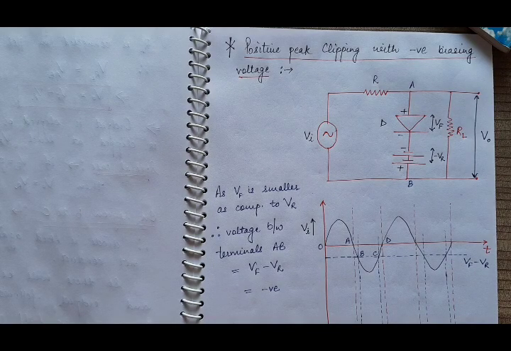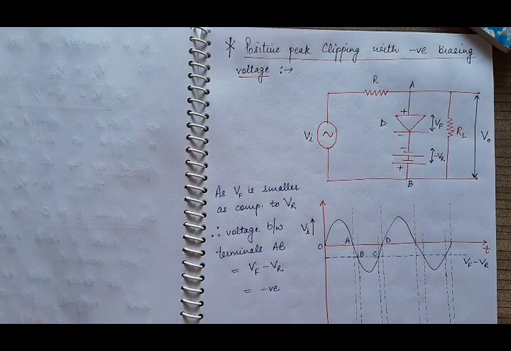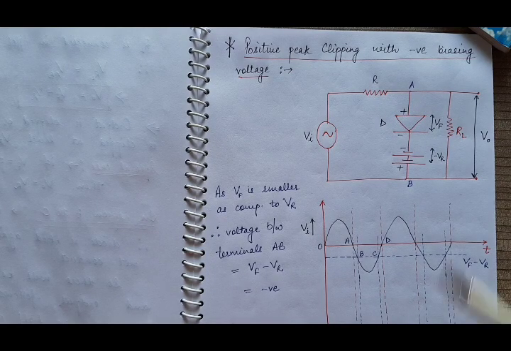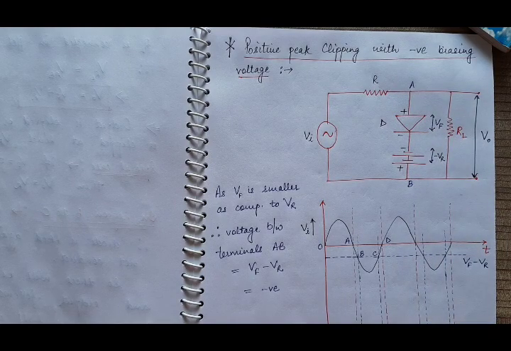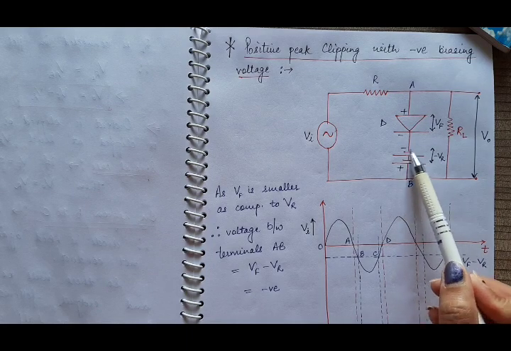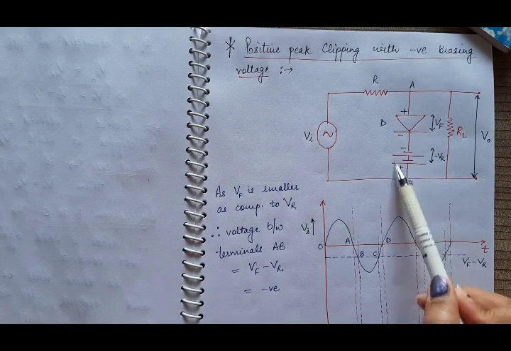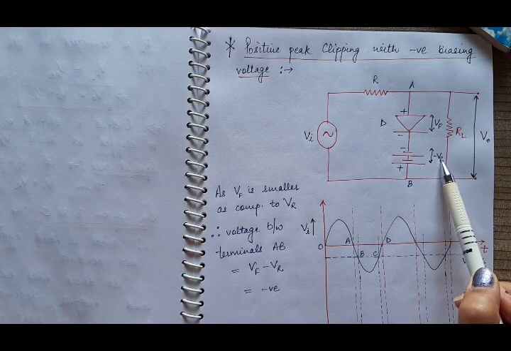Now, first of all, what will be the voltage across this terminal AB in this case? What is the voltage across the diode? The voltage across the diode is VF. And what is the voltage across this? It is minus VR.